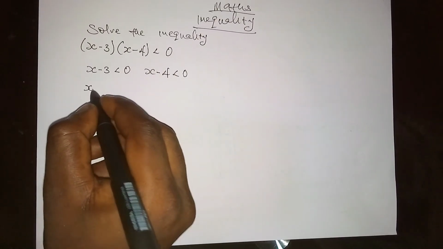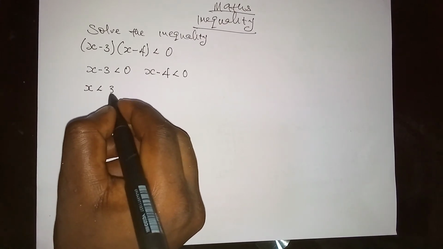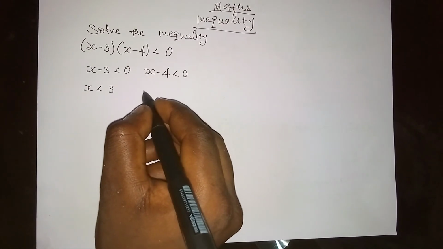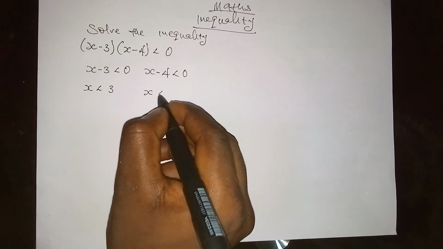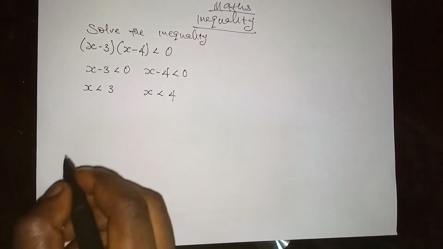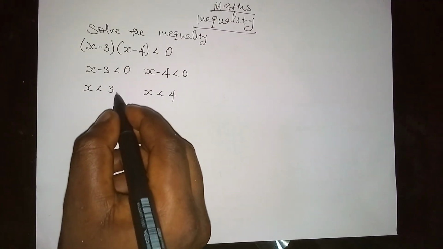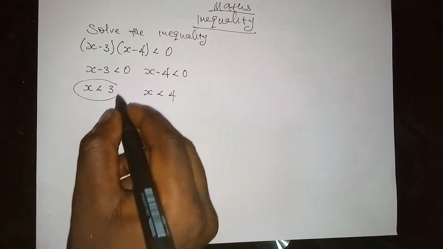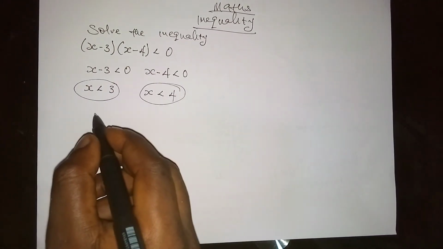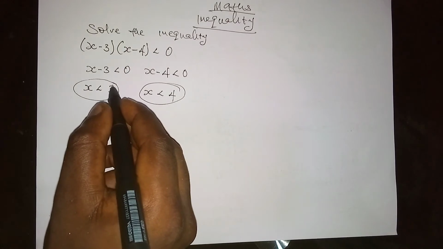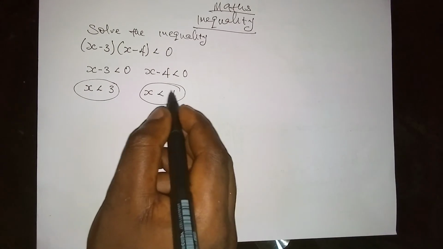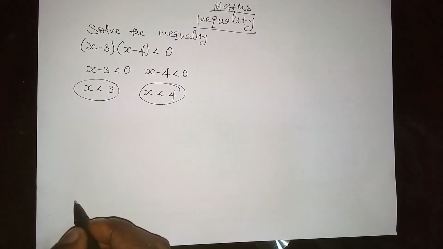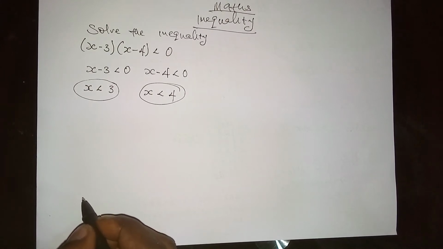So x < 3 and x < 4. We are going to use this value and this value to make our truth table.